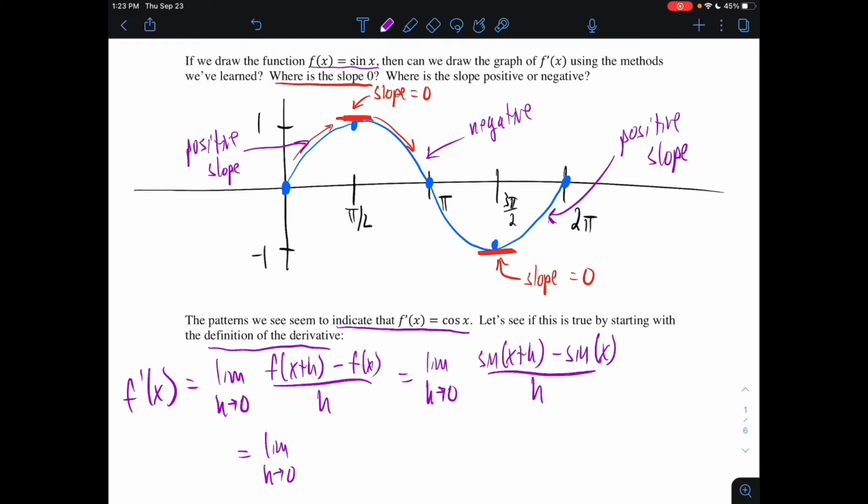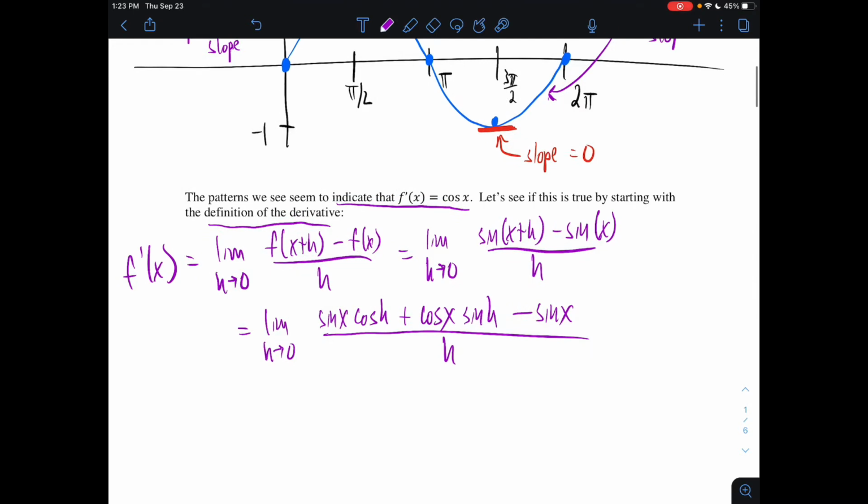meaning sine of a plus b. That was a formula from trigonometry. So sine of x plus h becomes sine x cosine h plus cosine x sine h, and then we still have minus sine x, all divided by h.